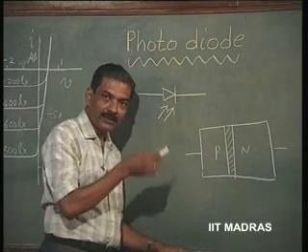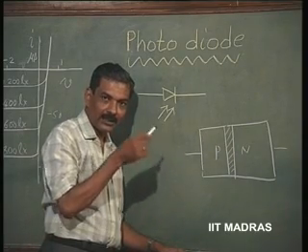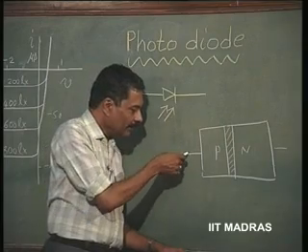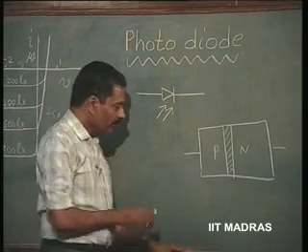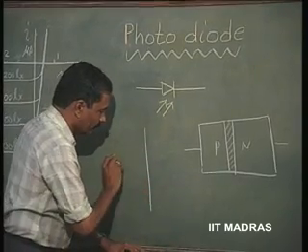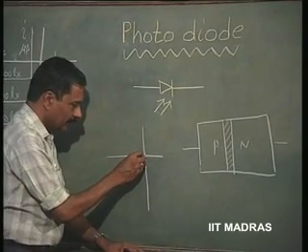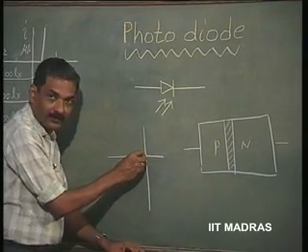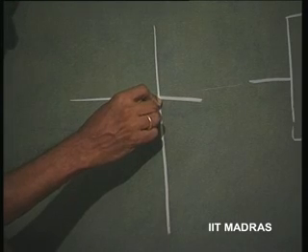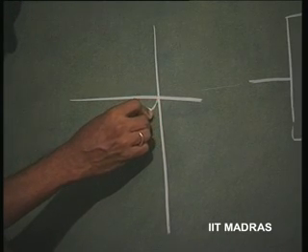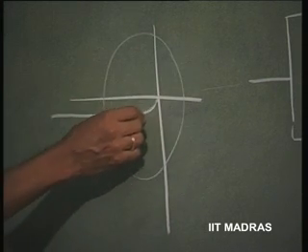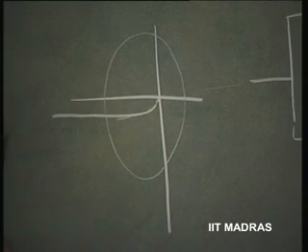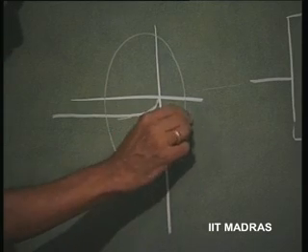This is called the reverse saturation current or leakage current, and it gets saturated at a value Is for the diode. So, for a conventional diode, the reverse current is 0 for 0 bias and gradually increases and reaches saturation. If you magnify this several times, this is the way it will get saturated at Is.